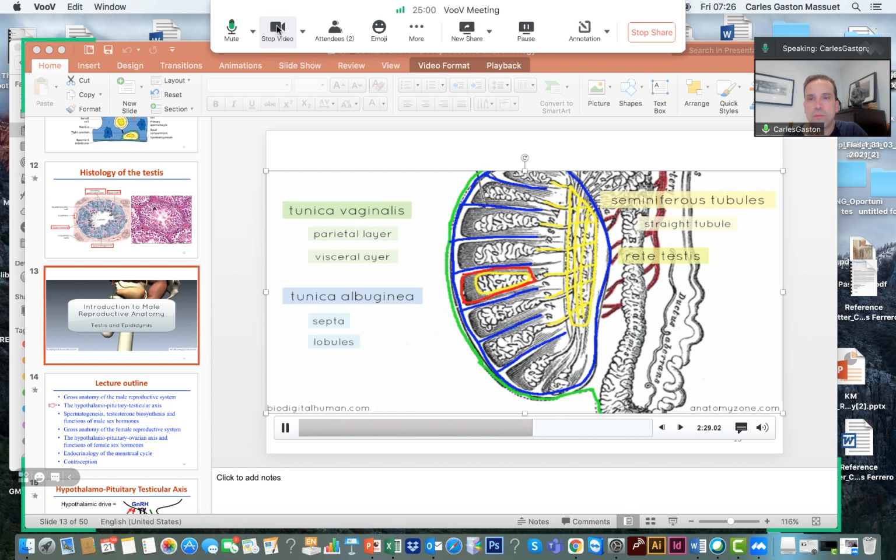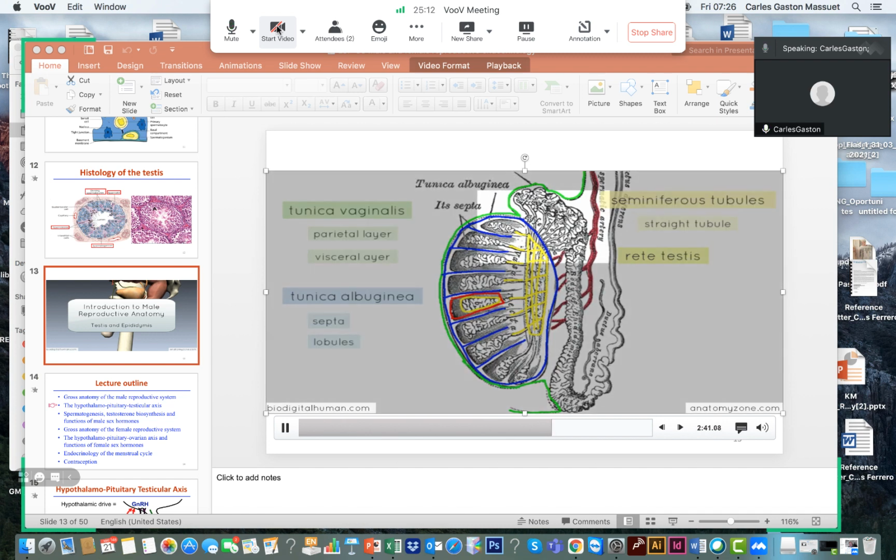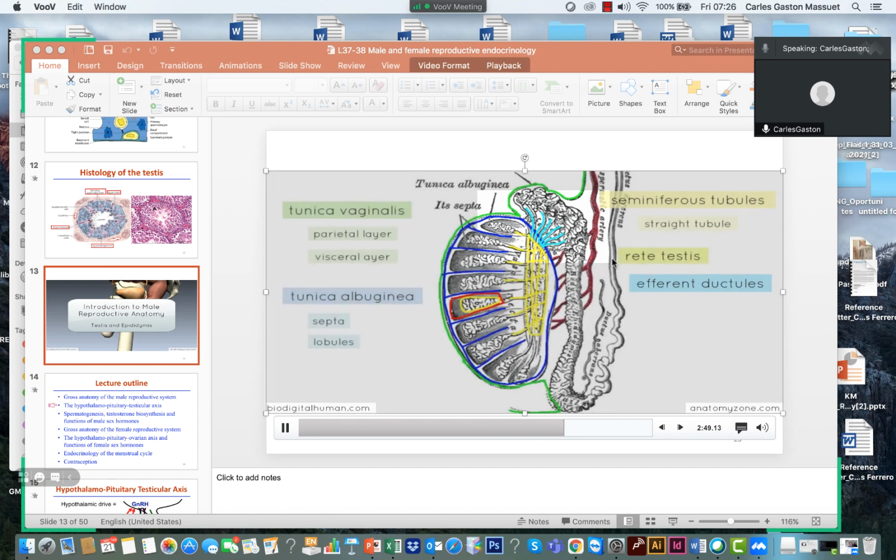In Latin, the word rete means net, so you've got this amalgamation of tubules forming a net-like structure. And then next in this series of tubules, coming off the rete testis, you've got the efferent ductules. And the efferent ductules connect to the epididymis.